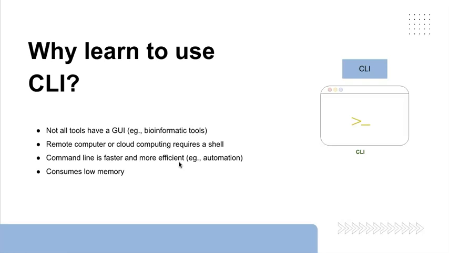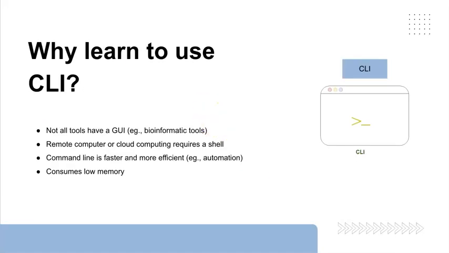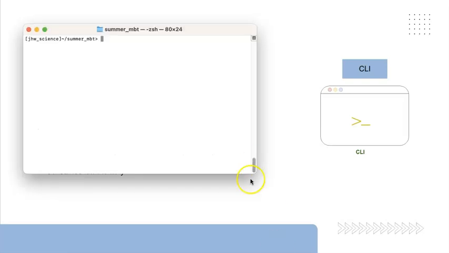And it takes less memory to run command lines versus a GUI. So these are some of the perks of why it is useful to learn how to use a command line interface. So let's go ahead and reopen our terminal and just get used to and comfortable with navigating around it.